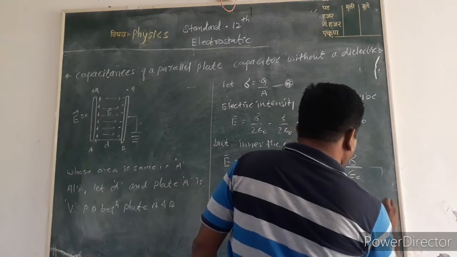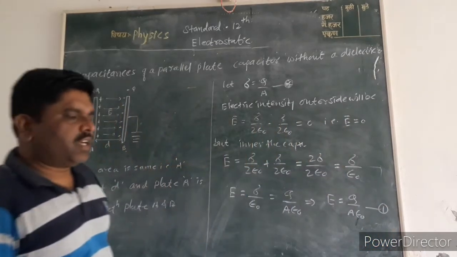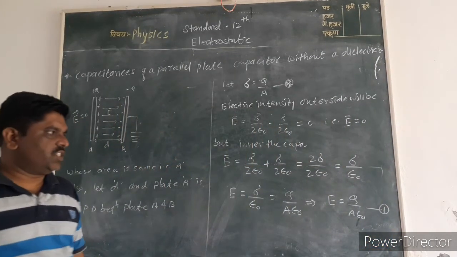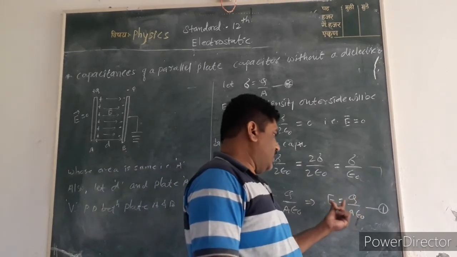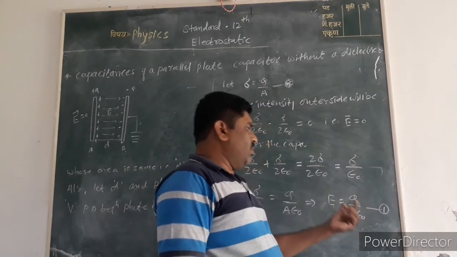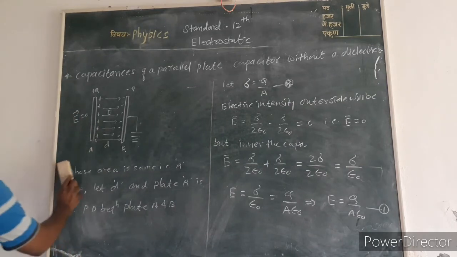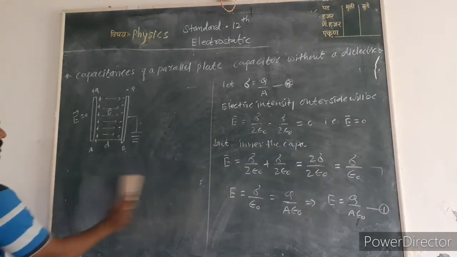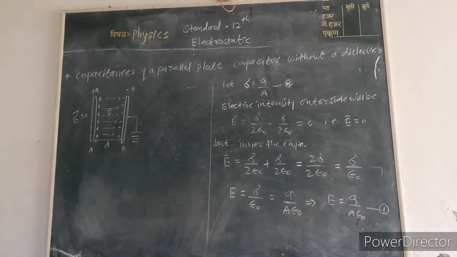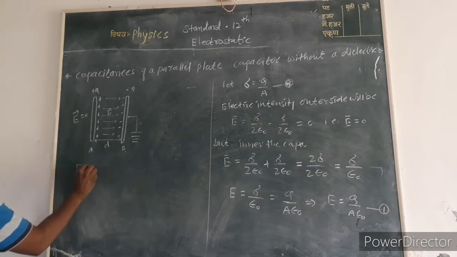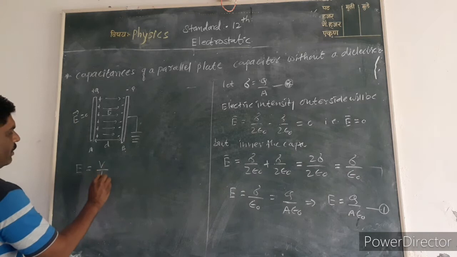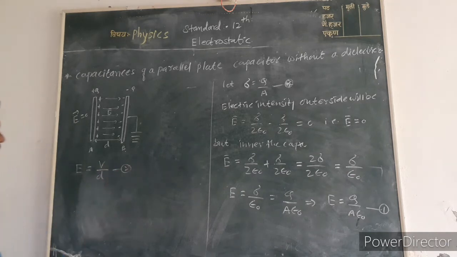This is equation number 1. This is the electric field intensity, E is equal to Q upon A epsilon 0. D is the distance between these two plates. Phi is the potential. Therefore, electric intensity is equal to Phi upon D. So, equation number 2.